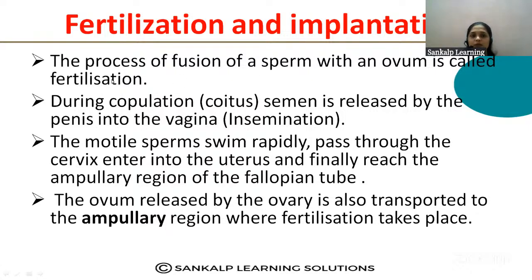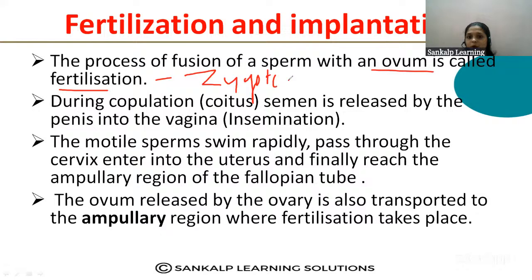So, you know the meaning of fertilization. What do you mean by fertilization? It is the process of the fusion of the sperm with the ovum. Then what does it form when the sperm fuses with the ovum? It forms the zygote, right? That is called a zygote.